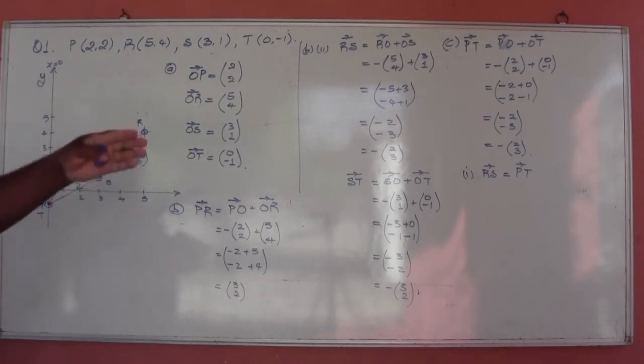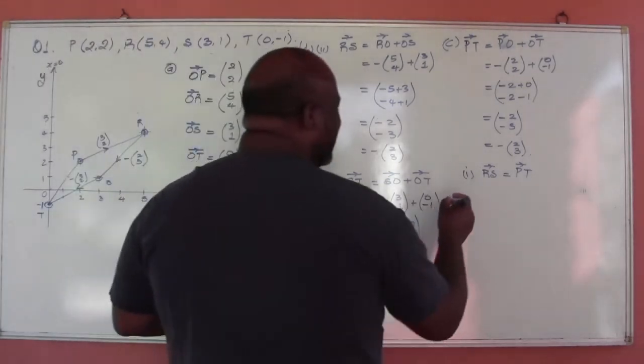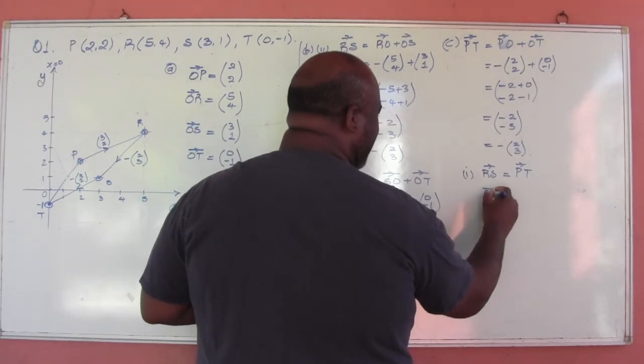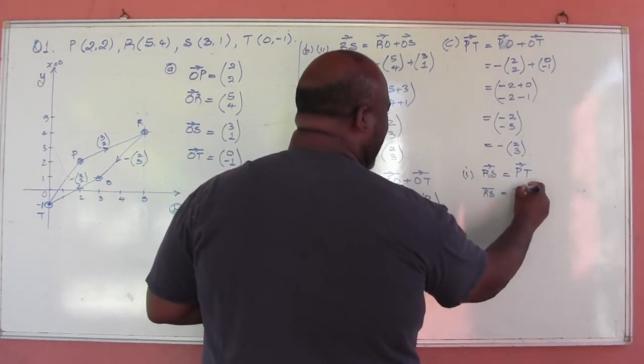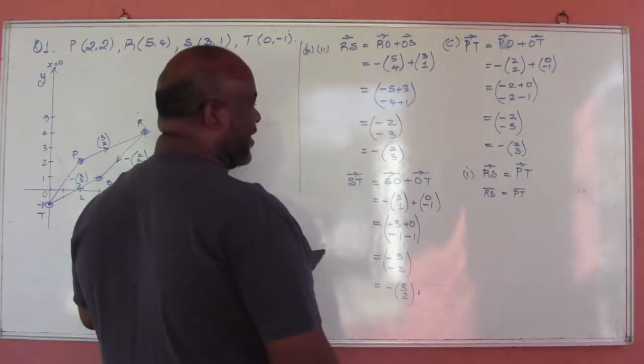Now, if these two vectors are equal, it means that they have the same magnitude and the same direction. If they have the same magnitude, it means that the length of RS is equal to the length of PT.